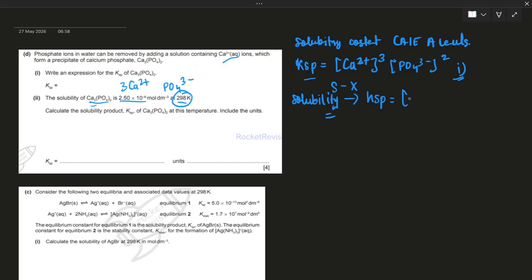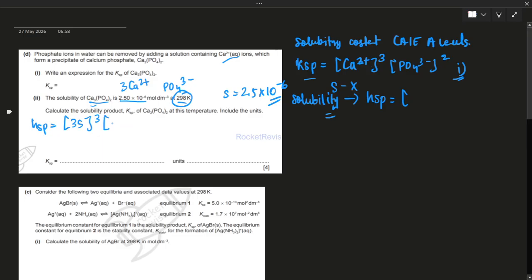Either way, let's start with the Ksp. Let's say the solubility is S. Solubility is S, 2.5 multiplied by 10 to the power minus 6. This is the solubility. For calcium, we have 3 calcium ions, therefore we do 3S, cubed.